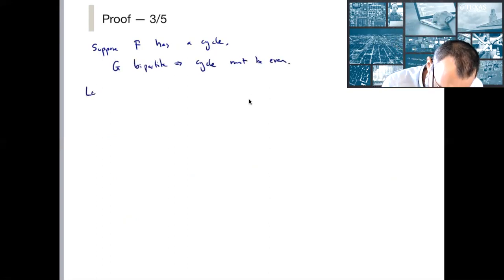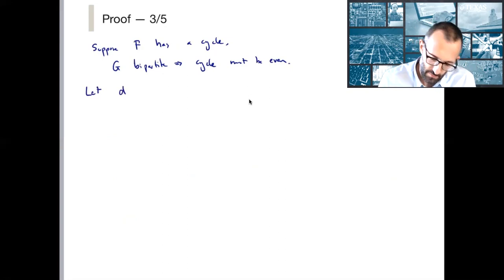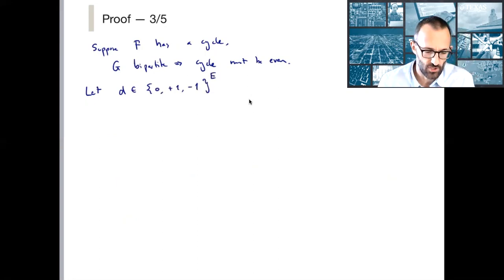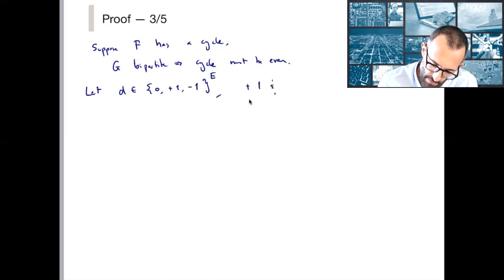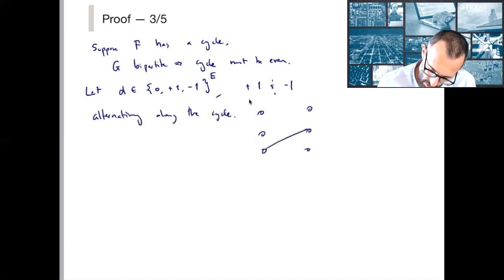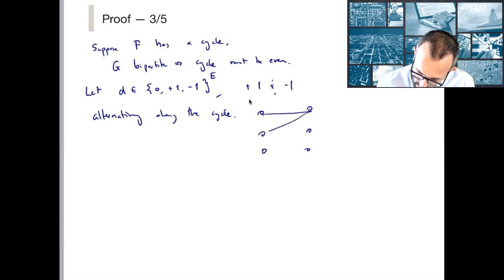Now let's let D be a vector that has zeros, plus ones, and minus ones for every edge. And it just has plus one and minus one alternating along the cycle. This is simple, but let me just draw a picture. Let me make my life easier here.